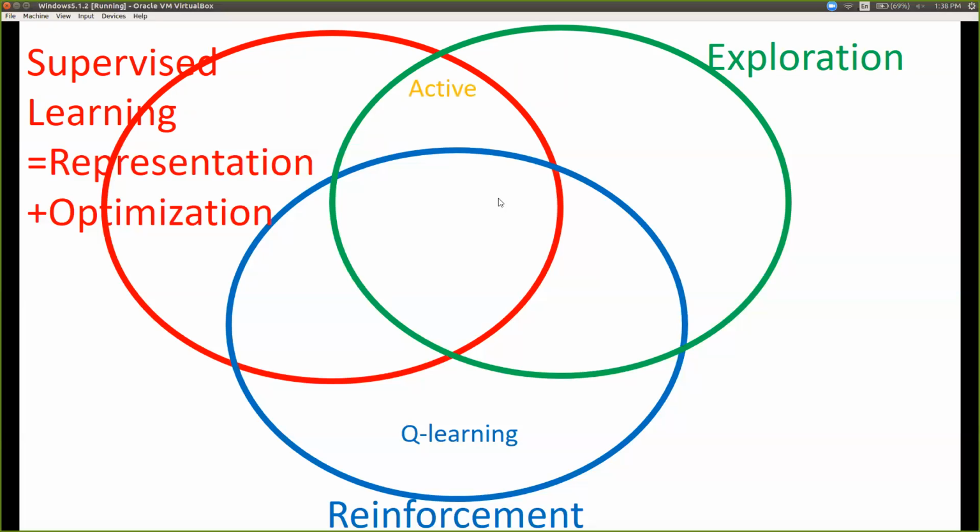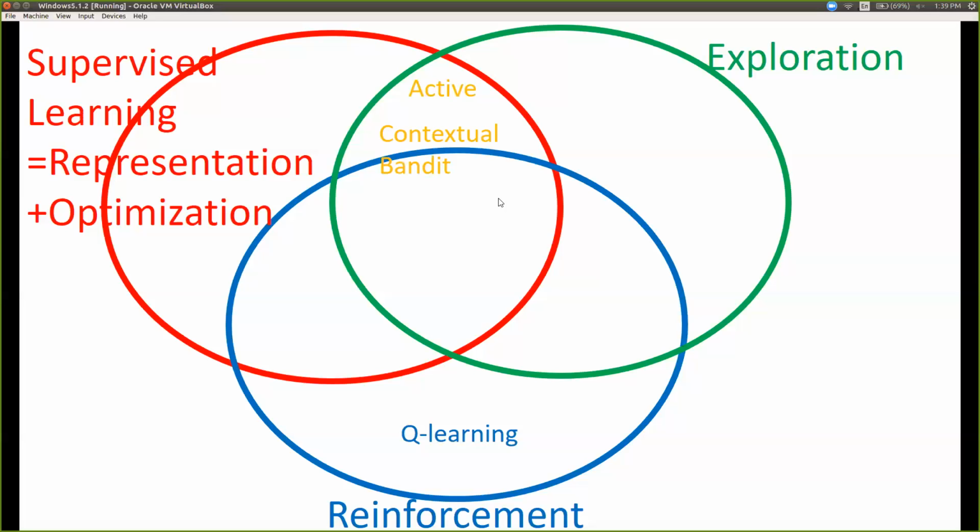Okay, so now there's also, between exploration and supervised learning, active learning. In active learning, you have an algorithm that is trying to choose which examples to label so that you can improve supervised learning performance, basically. And that's a substantial area of inquiry.